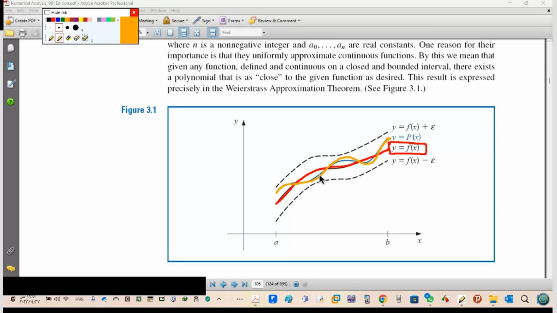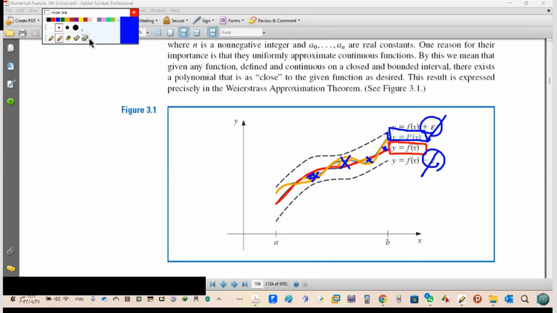In this formula we have area down, area up, area down, area up. The total area is 0: this area cancels this one, and this cancels this one. So the positive error and the negative error cancel, and we have just f(x). It's basic, up and down, so the total down area cancels the up area.